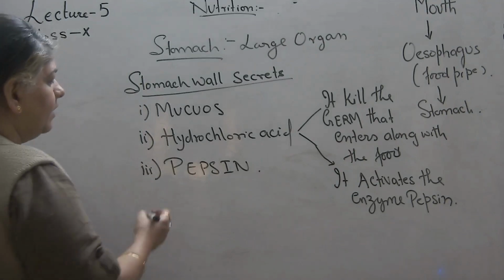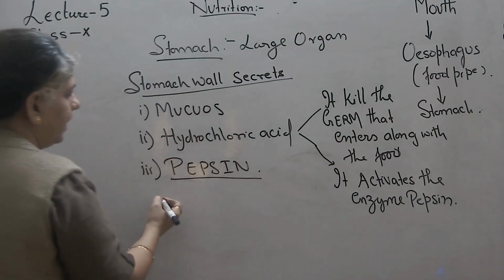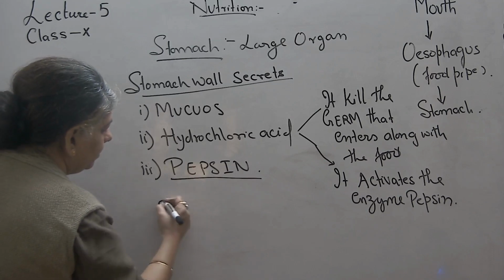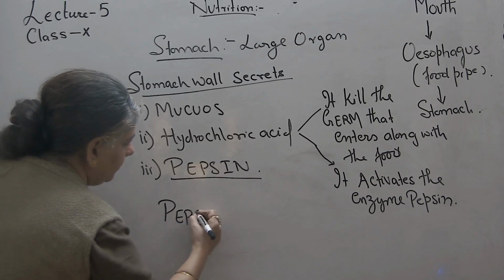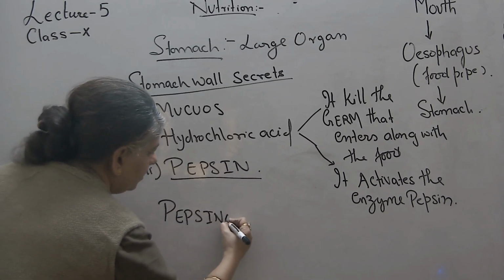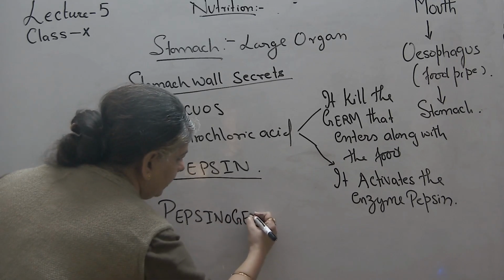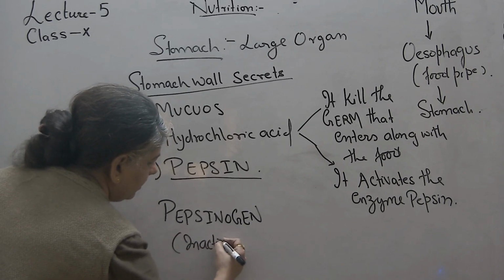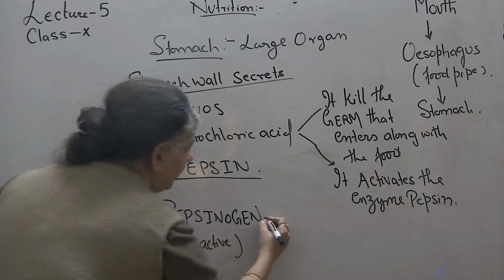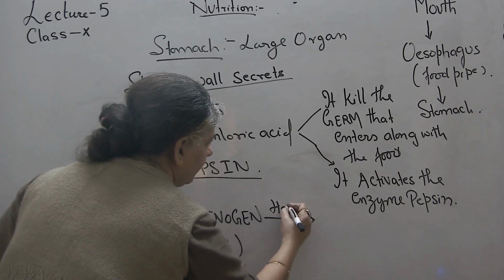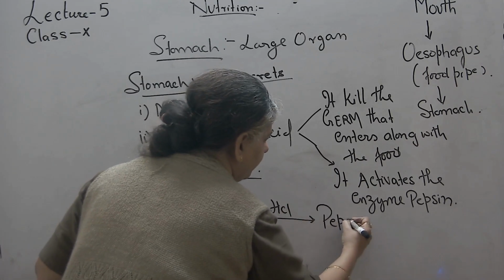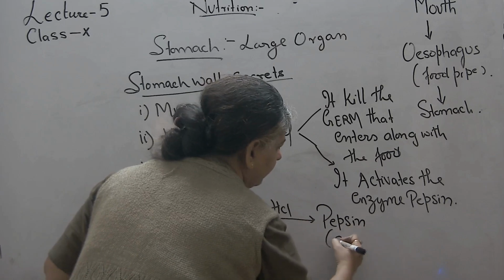So pepsin is basically secreted as pepsinogen. This is the inactive form. And in the presence of HCl, it is converted into pepsin, that is the active form.